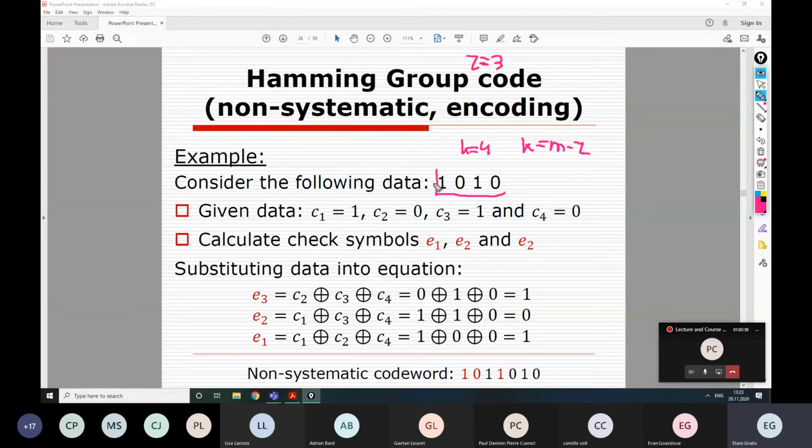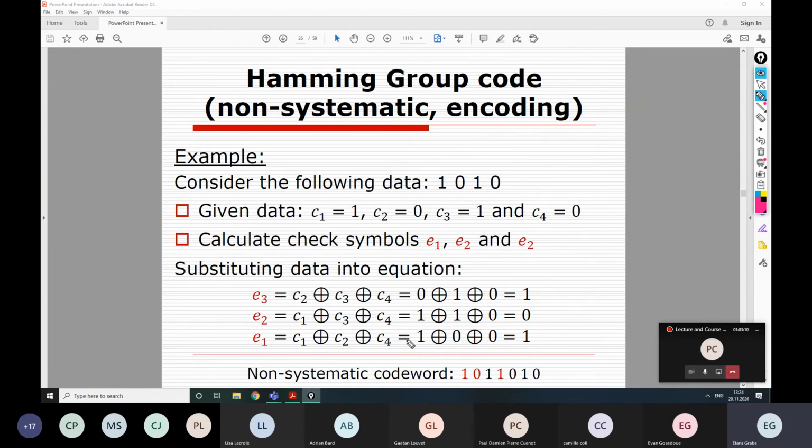And we have selected this data to be transmitted. So actually this is what our system transmits from transmitter to the receiver, some data which we are trying to protect from errors. So C1 is 1 here, and C2 is 0, C3 is 1, and C4 is 0. Our task is to calculate the control or check symbols E1, E2, and E3.